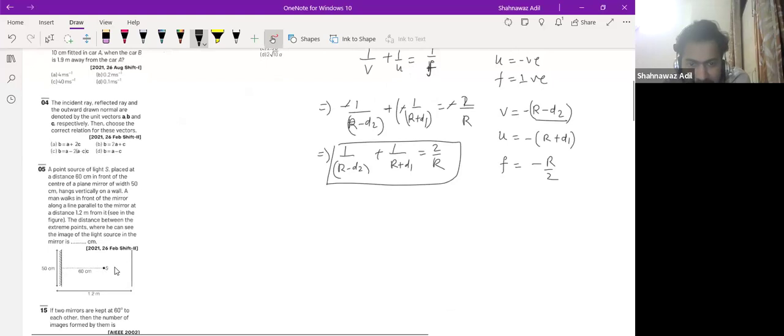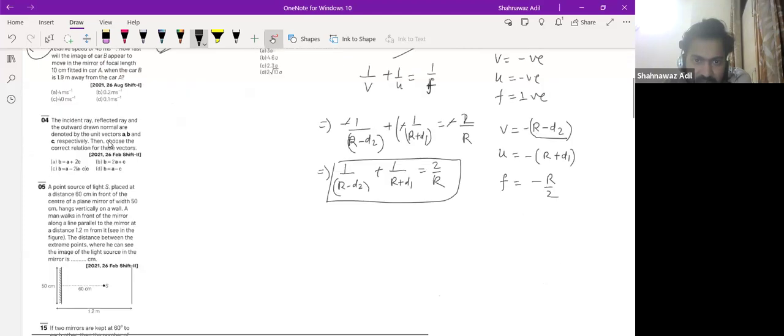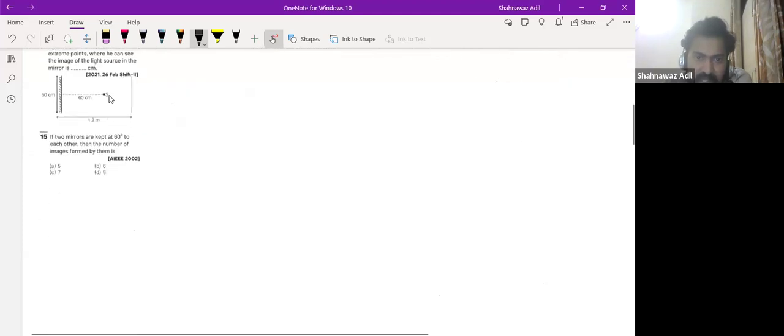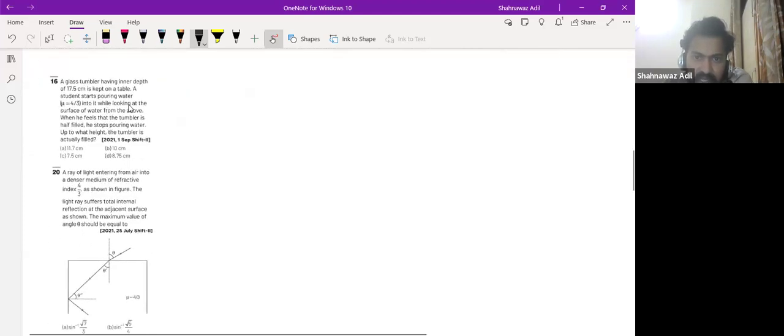And in this one, we can do this question in many ways. We can use trigonometric ratios, or we can use similar triangles, right? Then you have a direct formula for apparent height. We have the refractive index, which is real by apparent.